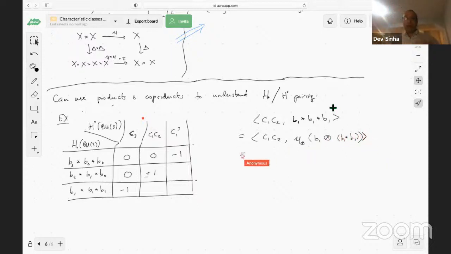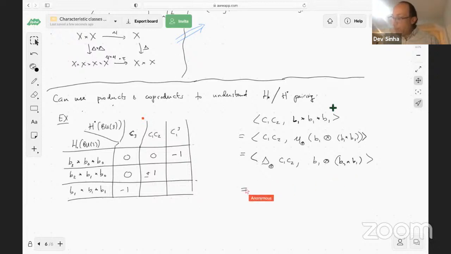And then our compatibility between the different products and coproducts says that this pairing is the same as the direct sum co-multiplication on C1, C2. That's actually not, we don't need the compatibility above. That's just naturality in homology and cohomology. So this is on B1 tensor B1 star B1. Okay, what is this?